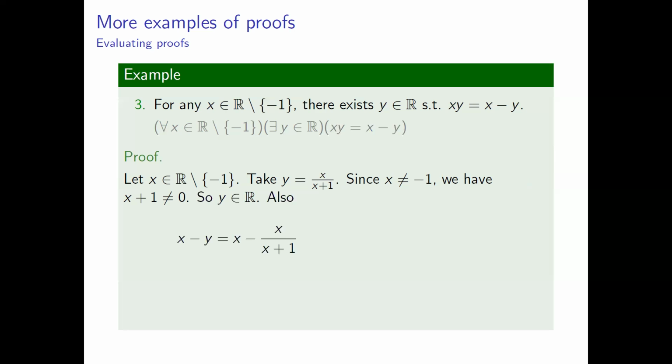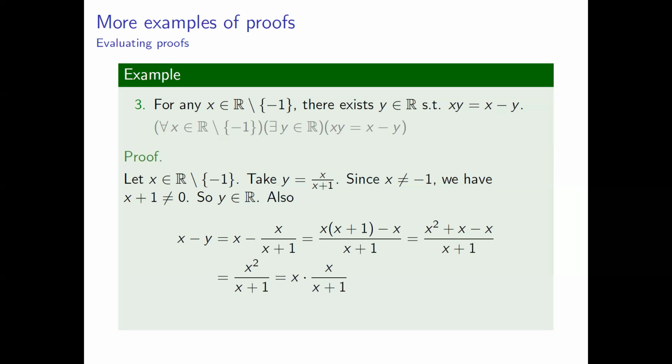Observe that x minus y is equal to x minus x over x plus 1. This is equal to x times x plus 1 minus x over x plus 1, which is equal to x squared plus x minus x over x plus 1, which is equal to x squared over x plus 1, which is equal to x times x over x plus 1, which is equal to x times y.